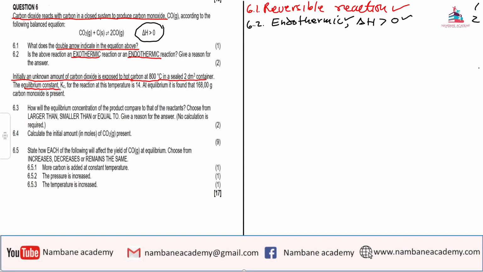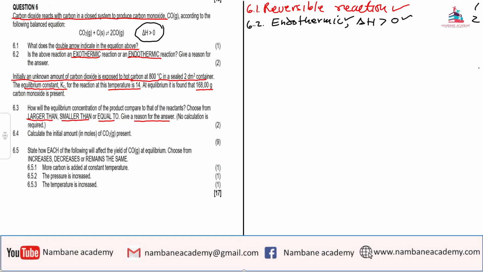The equilibrium constant Kc for the reaction at this temperature is 14, and it is found that 168 grams of carbon monoxide is present. How will the equilibrium concentration of the product compare to that of the reactants? Choose larger than, smaller than, equal to, and give a reason for your answer.